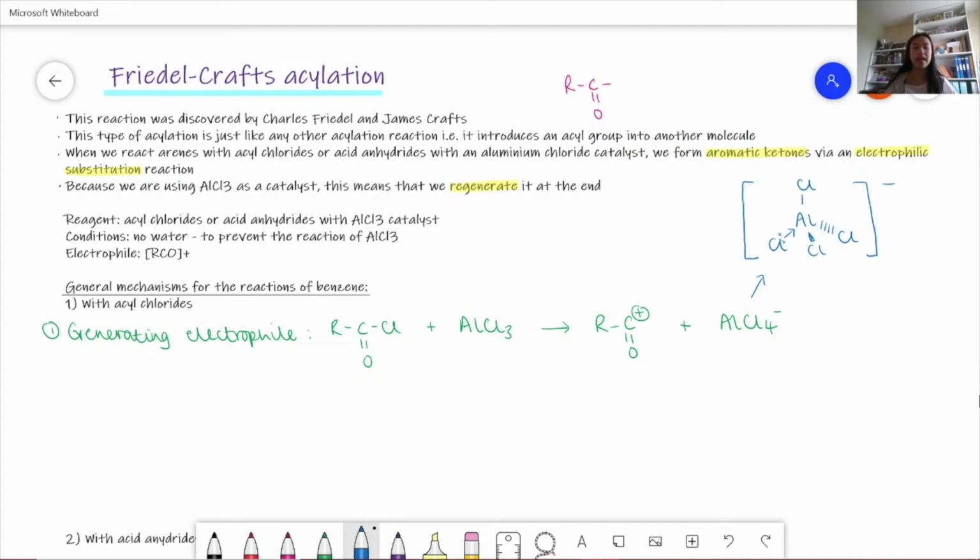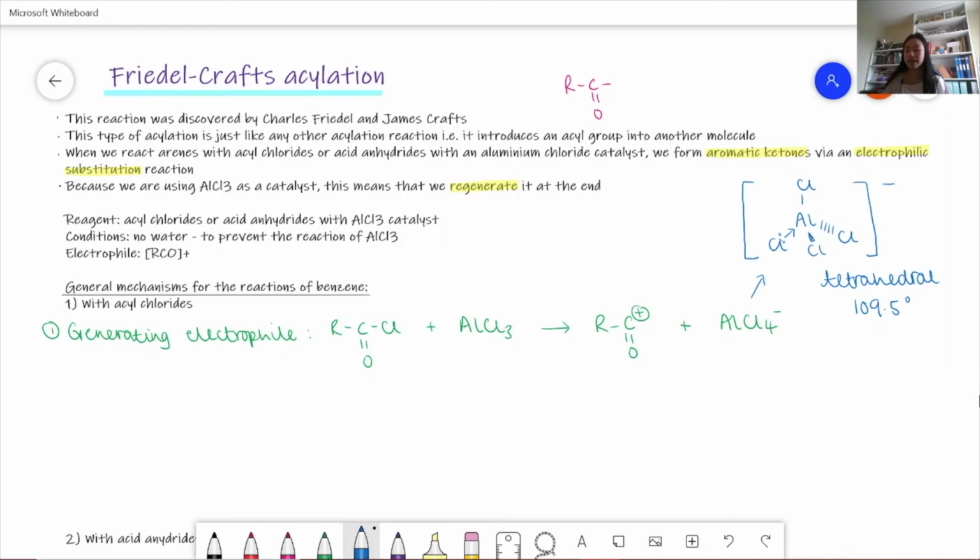And so we have this tetrahedral shape. Because a dative covalent bond still classes as a bonding pair of electrons. And so we have equal amounts of repulsion from all of the electron pairs. And so the bond angle, therefore, is 109.5 degrees, which makes the shape tetrahedral.